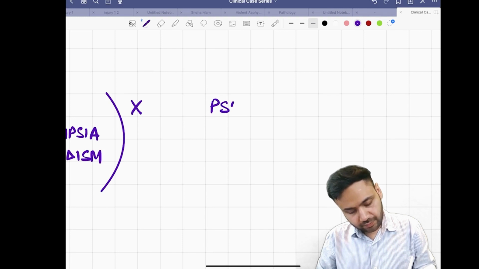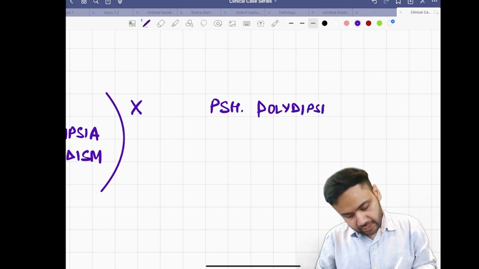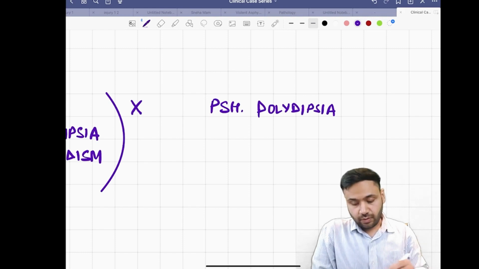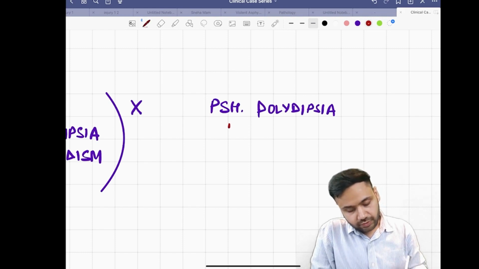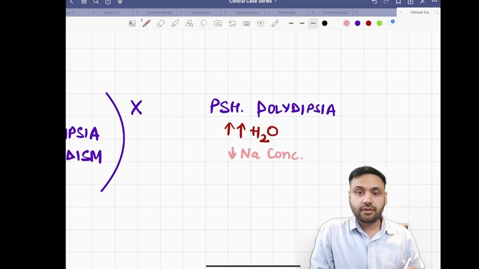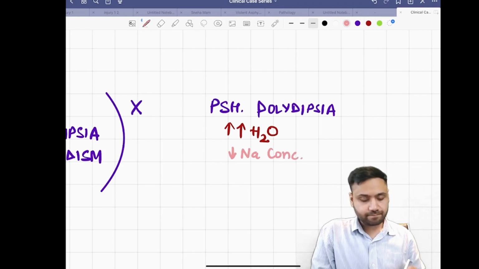So in psychogenic polydipsia, usually there's an underlying psychiatric condition which leads to increased water intake, resulting in decreased sodium concentration in the body, hence the hyponatremia.